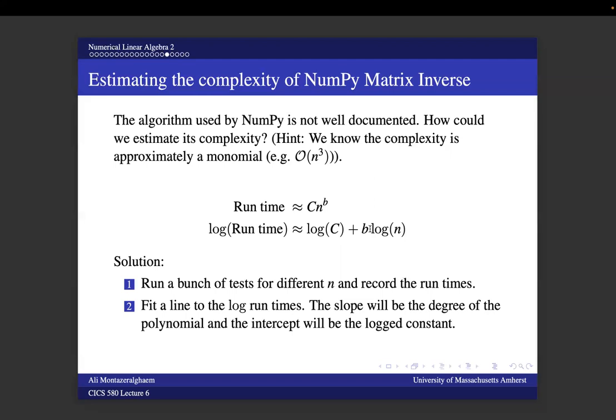We already know that the runtime of Gauss-Jordan elimination is n cubed, and NumPy is faster than Gauss-Jordan elimination, so we can conclude that b should be between 2 and 3.